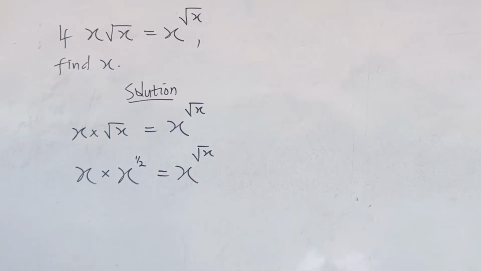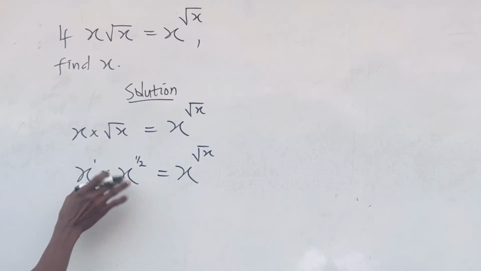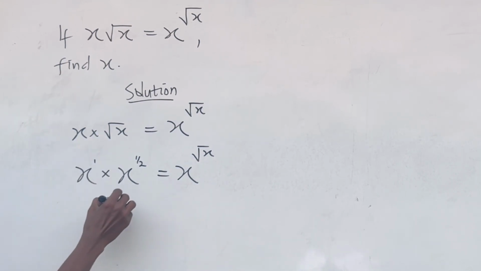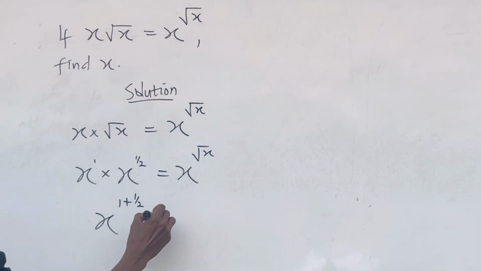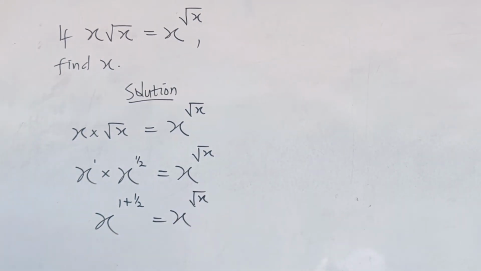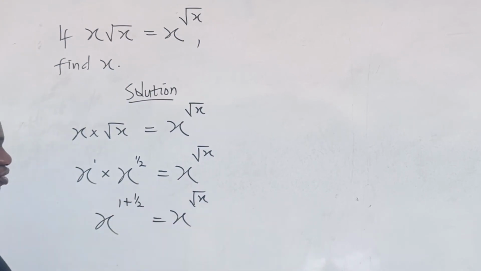Now remember our first law of indices. When you are multiplying the same number, you add the powers. So this will give us x raised to power 1 plus 1 over 2 equal to x raised to power root x. Okay, so 1 plus 1 over 2. Normally, when you are adding fractions, you use the LCM method.